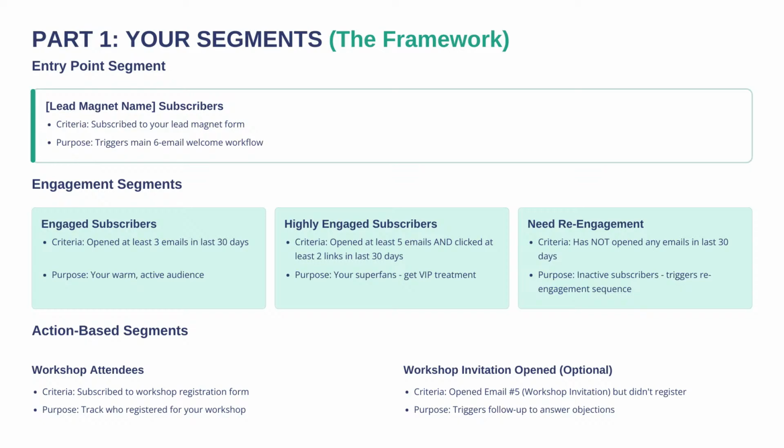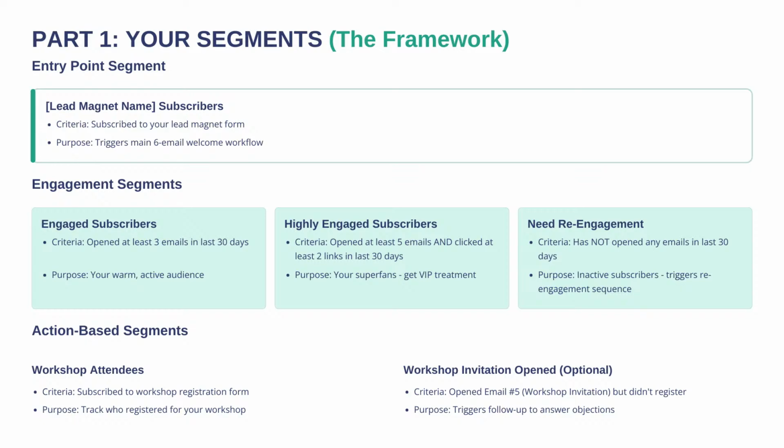So, part 1, your segments or your tags. You're going to make sure that you have everybody tagged for the lead magnet, and you want that specific lead magnet because you may have many. So you're going to have a nurture sequence or a welcome sequence for every lead magnet that you have, because that welcome sequence is going to be specific to the lead magnet you gave them.